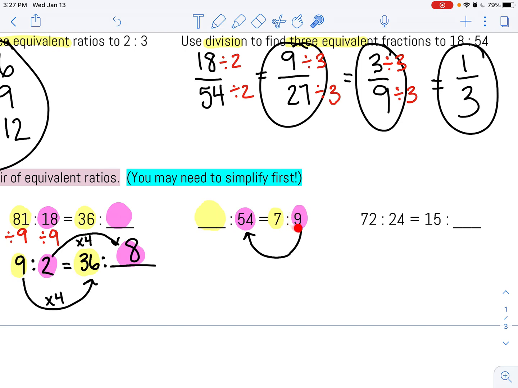So I can think about 9 times what is going to equal 54. 9 times 6 equals 54. So with my 7, I'm going to take that times 6 to get my missing value, which 7 times 6 is 42.